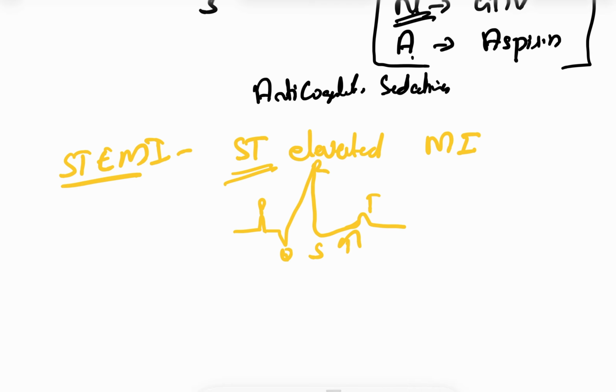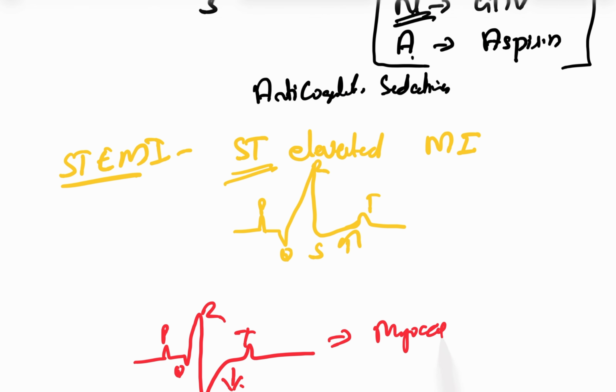Then we studied NSTEMI, which means non-ST segment elevated myocardial infarction. That means there will be depression of the ST segment, and this is also seen in myocardial ischemia. These are the two types of myocardial infarction.